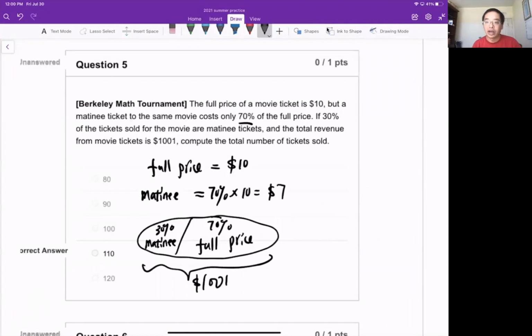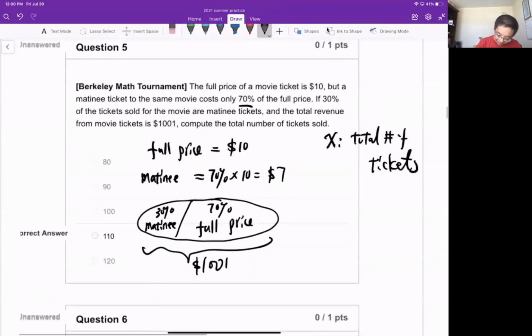Well, the most convenient way to solve the problem is to introduce a variable and set up an equation. Let's say X is the total number of tickets. That includes both the matinee and the full price tickets.